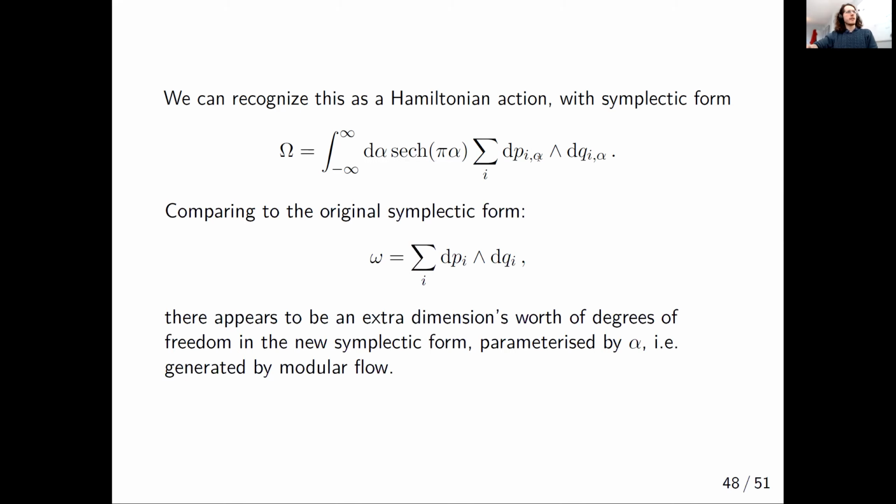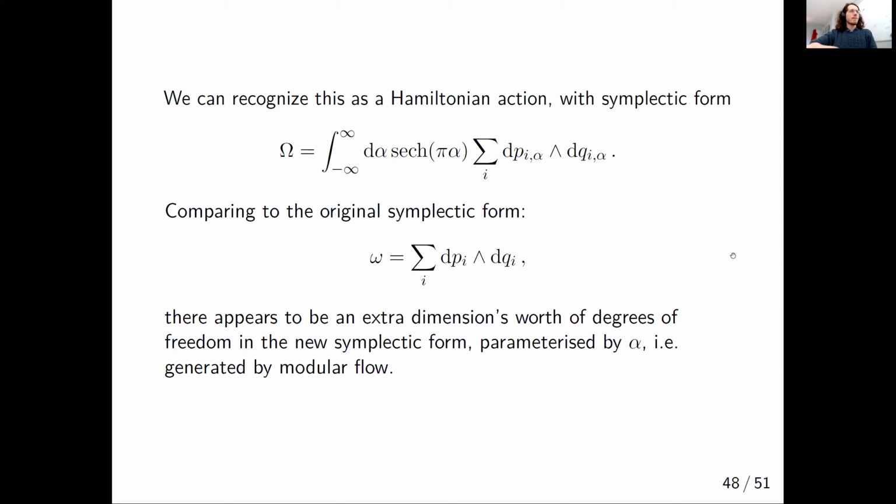Of course, the p's and q's at one alpha won't be independent of the p's and q's at another alpha, but instead they're related by modular flow. But that's not necessarily a problem, because we can interpret that perhaps as a gauge symmetry. But I don't want to dwell on that too much.